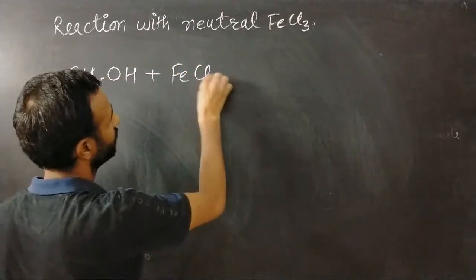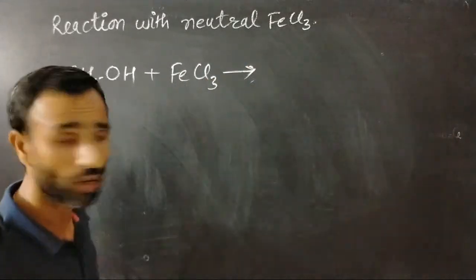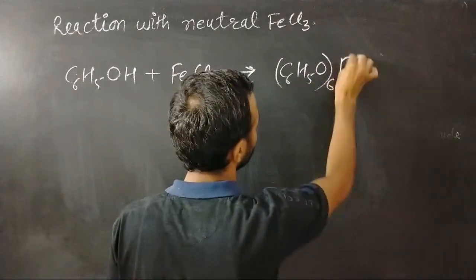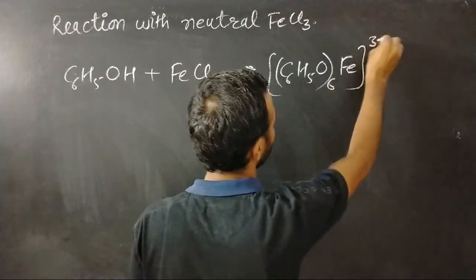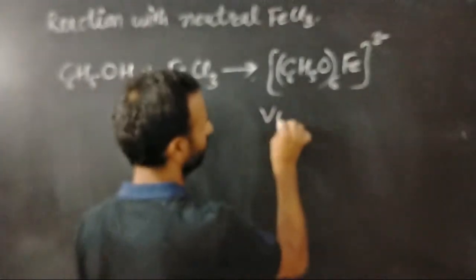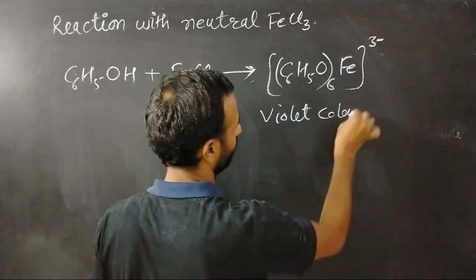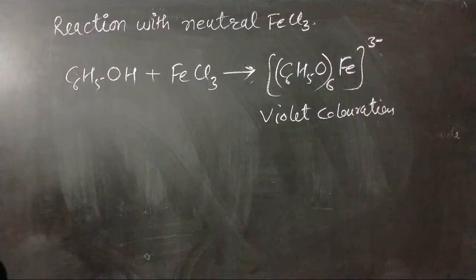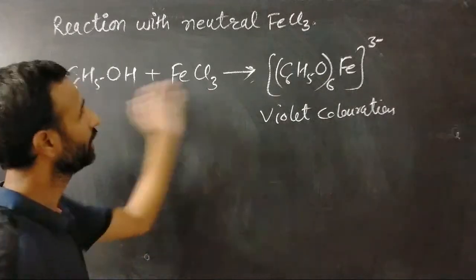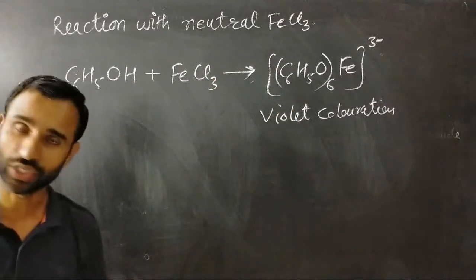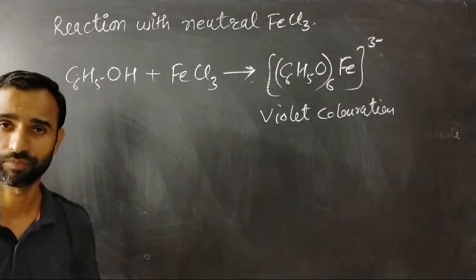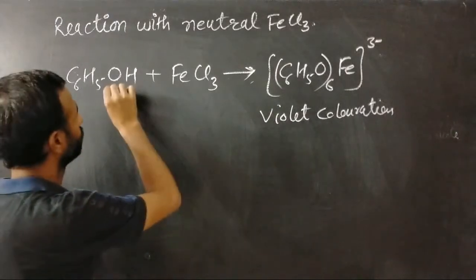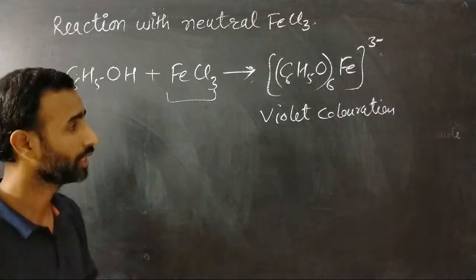When it is treated with FeCl3, a hexa-coordinated complex is formed, and it gives violet coloration. Very important reaction. It is used as a test for phenol: when phenol is treated with neutral ferric chloride, it gives violet coloration.